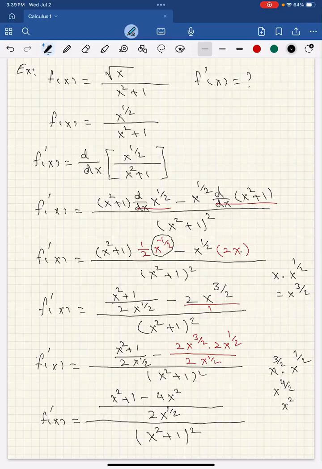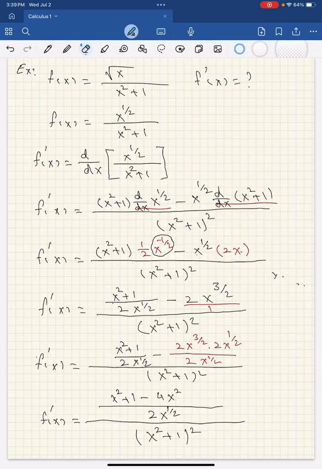Now, we will combine the top. I will write it down here. I'll erase a little bit because if I go to the next page, I cannot copy this. Let me make a little more space. Here, f prime of x equals x squared minus 4x squared, which gives you negative 3x squared.